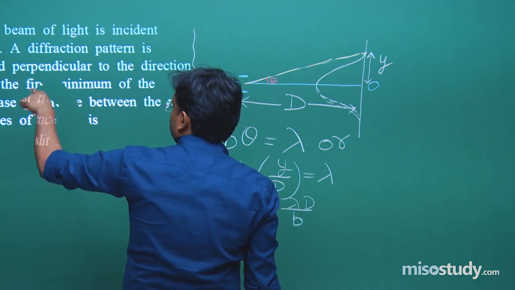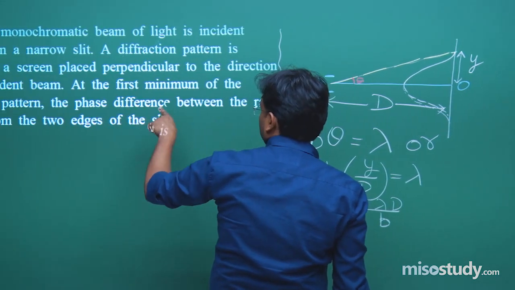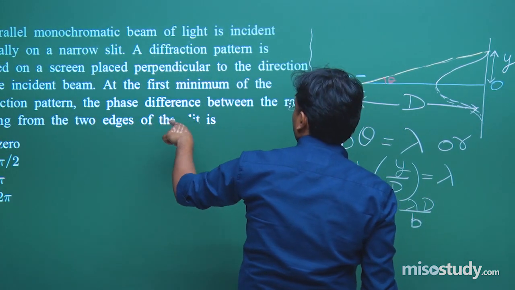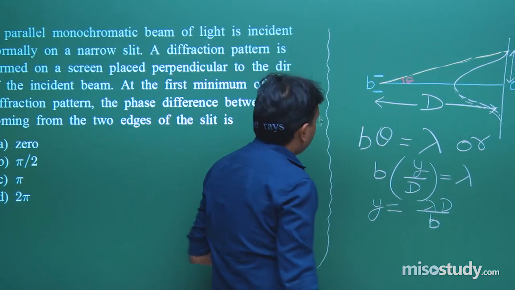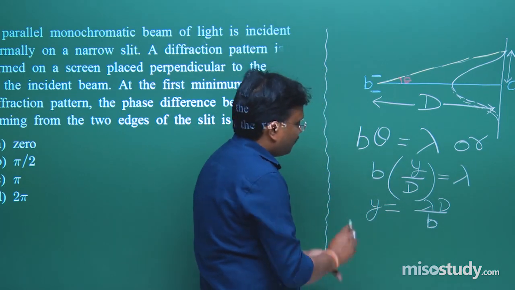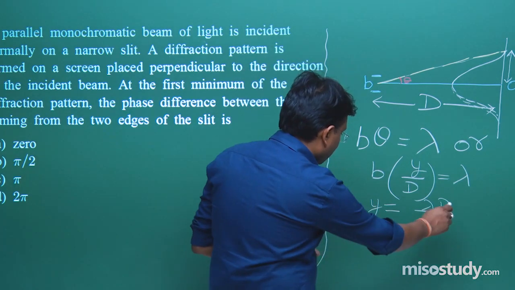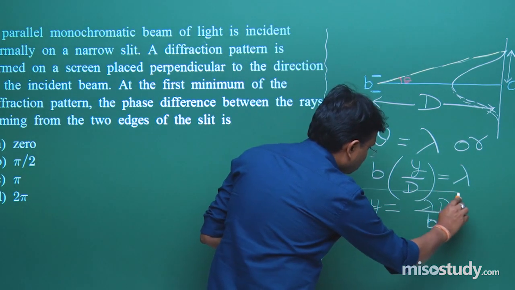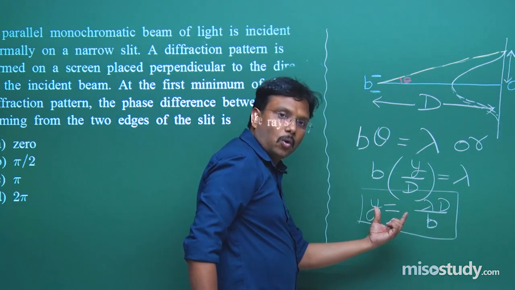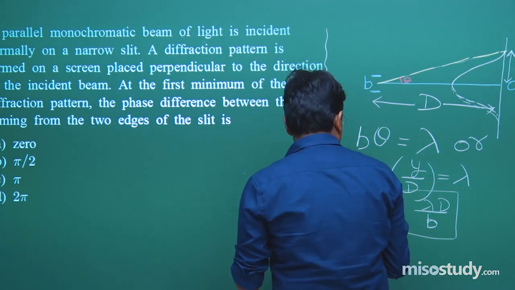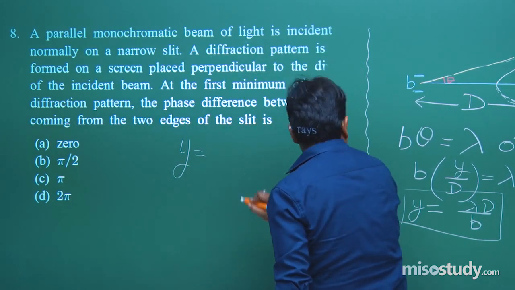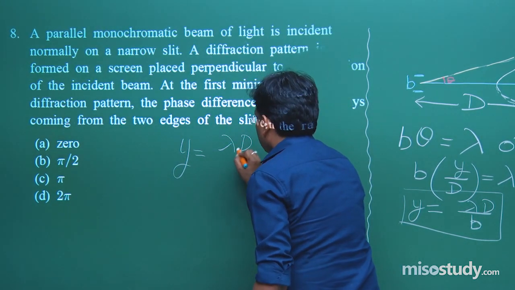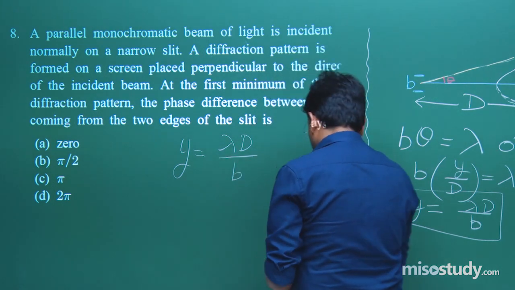Now just try to find out at the first minima of the diffraction pattern, the phase difference between the rays, how much the phase difference is going to be. That way you can find the phase difference from this relation. Hold on. Fine. So let me mention this relation over here. y is equal to lambda d by b.